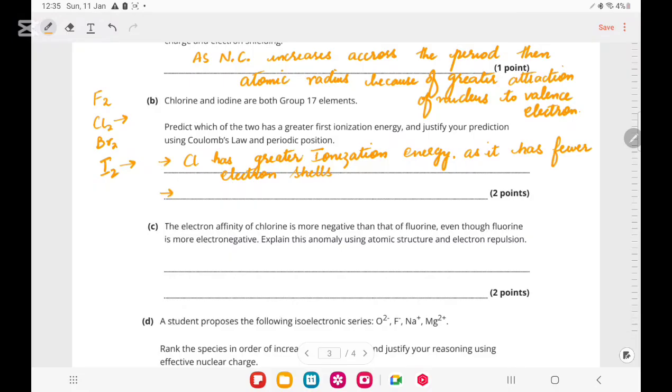Second, iodine's valence electrons are further from the nucleus, and more shielded.